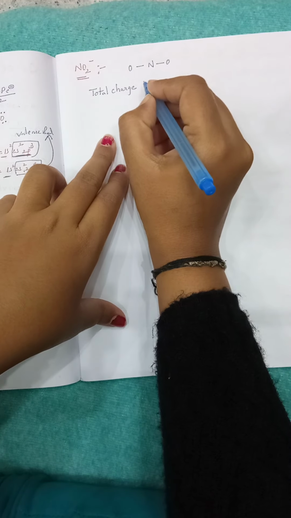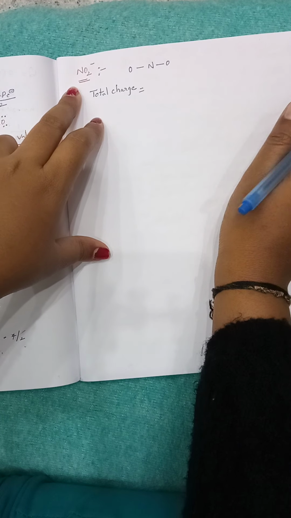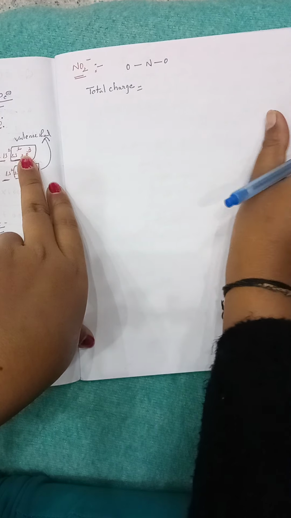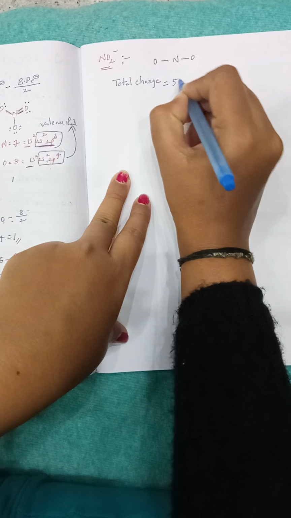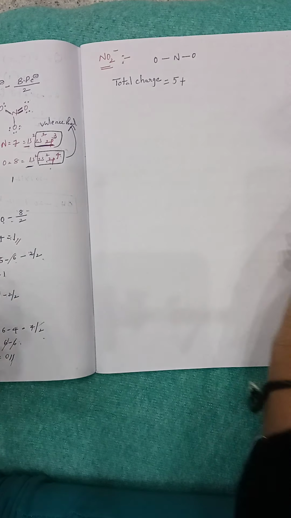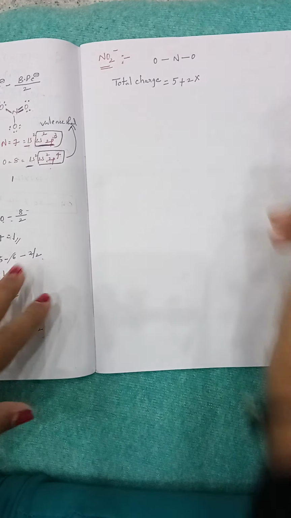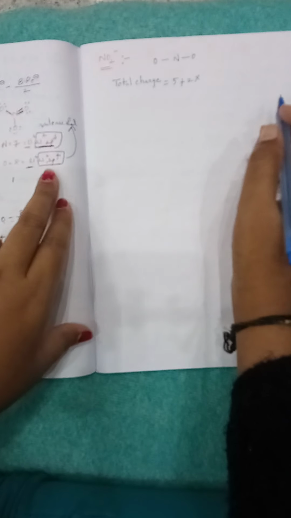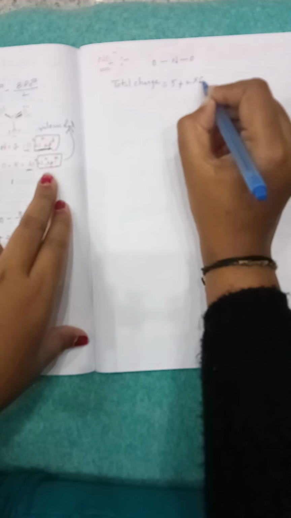So first we need to calculate the total charge. The total is always equal to the number of valence electrons present. Nitrogen has 5 valence electrons, plus the valence electrons in oxygen. How many oxygens are present here? 2 oxygens, and each oxygen contains 6 valence electrons, so 2 into 6.